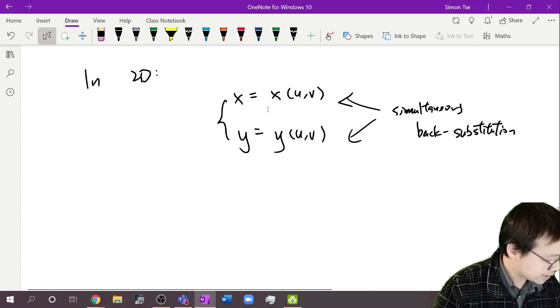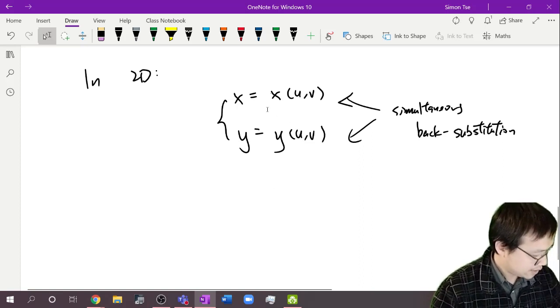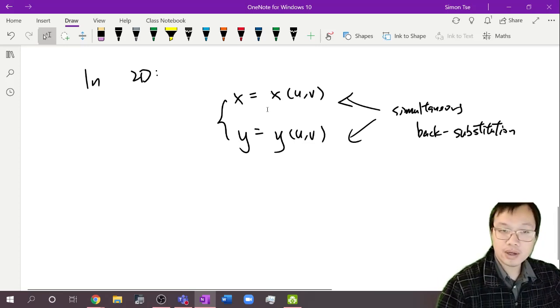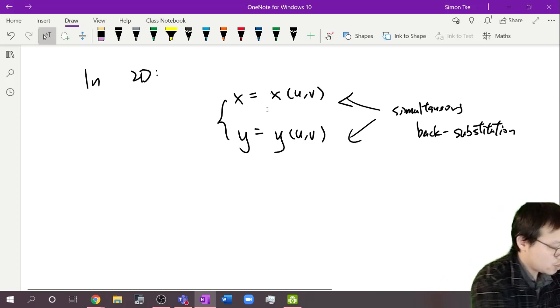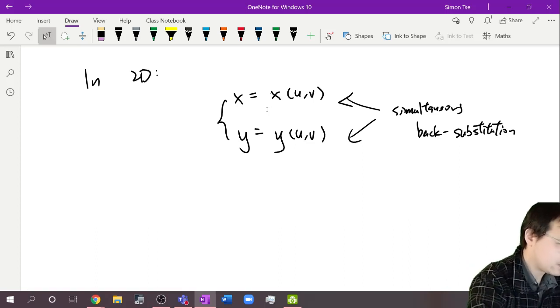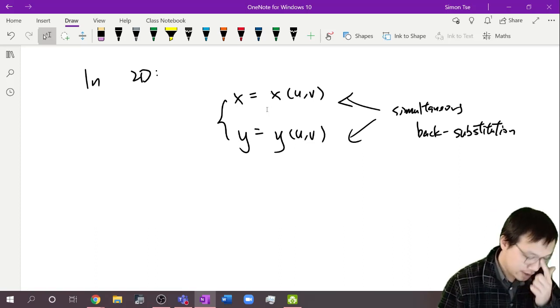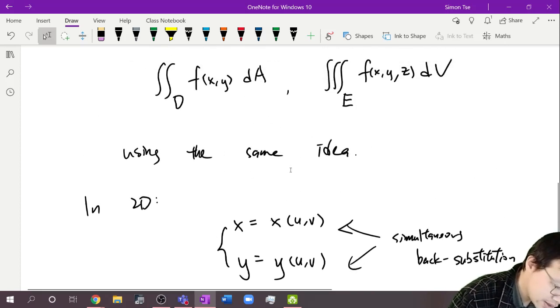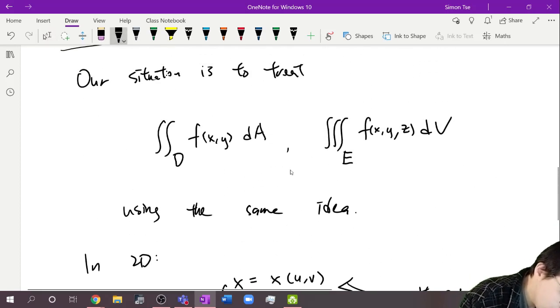Then the theoretical result that comes out of it is that you have something called a Jacobian. I'll cut the long story short and just tell you what happens. The key thing here is that when you're doing this double integral, we're not worried about replacing x as a function of u and v and y as a function of u and v.